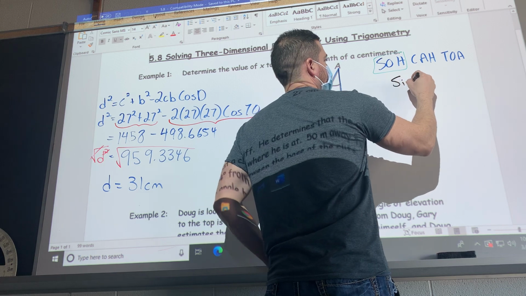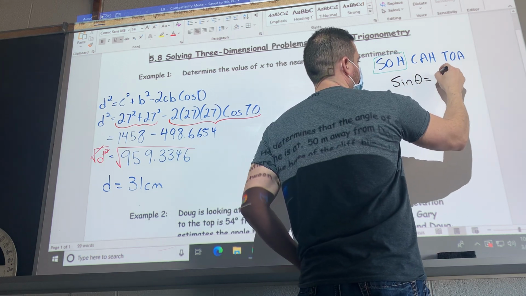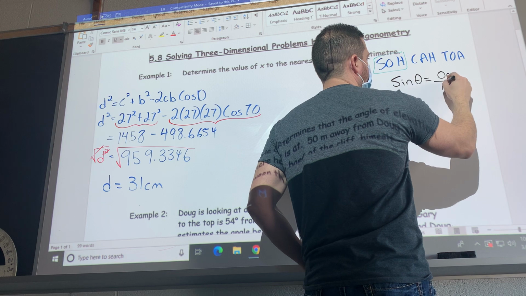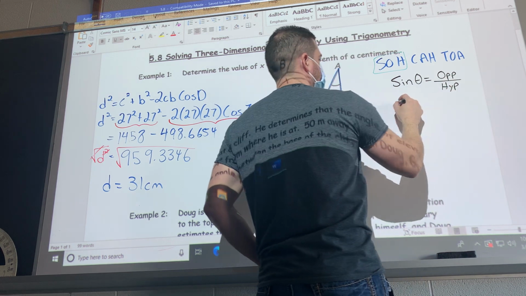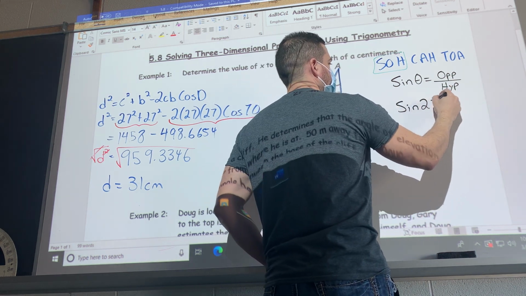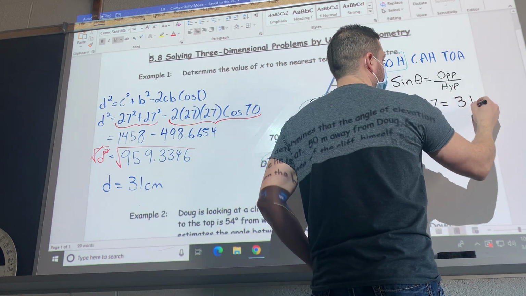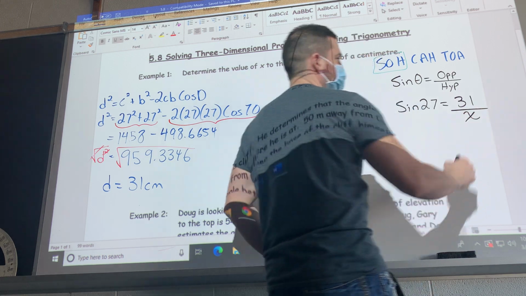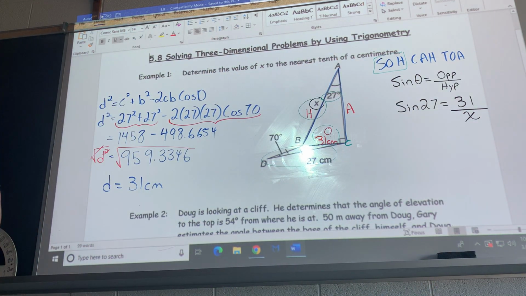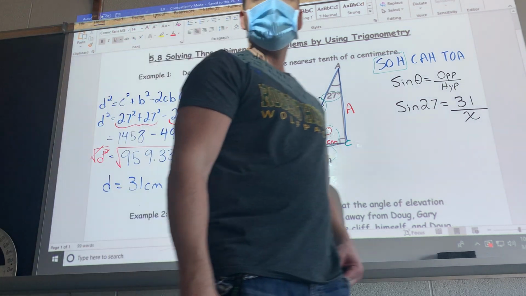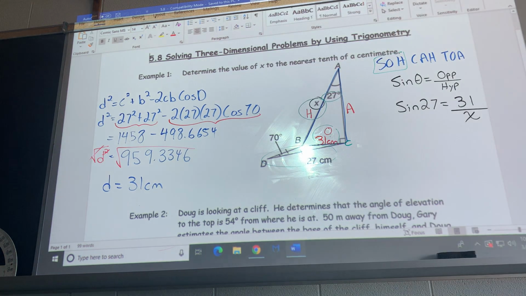So sine theta of the angle is our opposite over our hypotenuse. So we have sine of 27 equals our opposite, which is 31. And we're looking for our hypotenuse, which is x. Isabella, you had it as well, thank you.